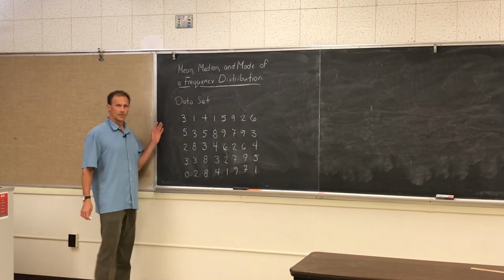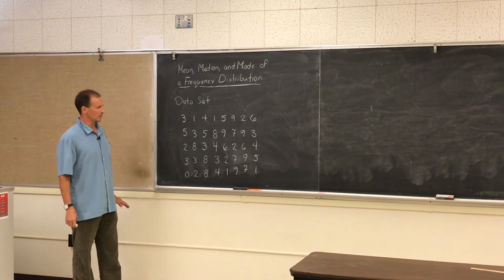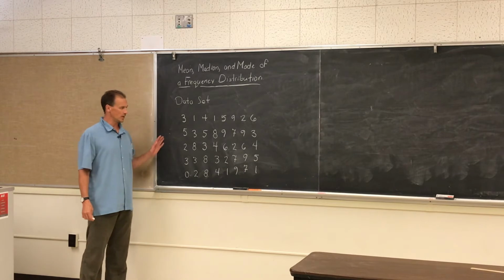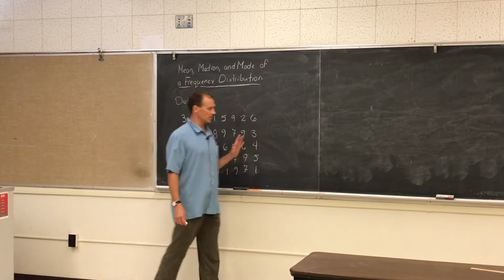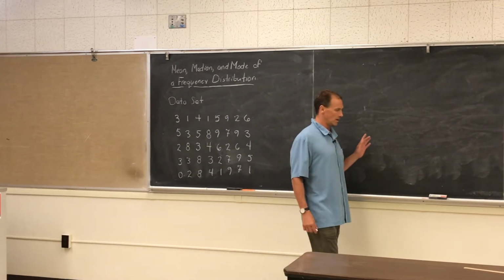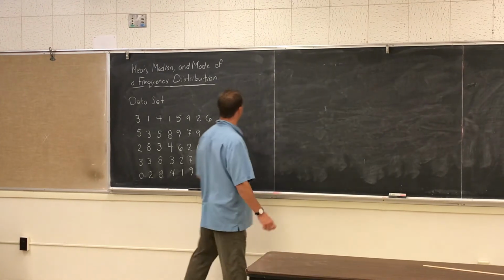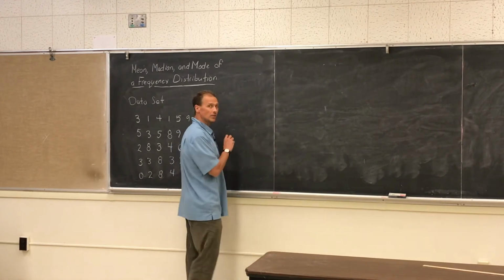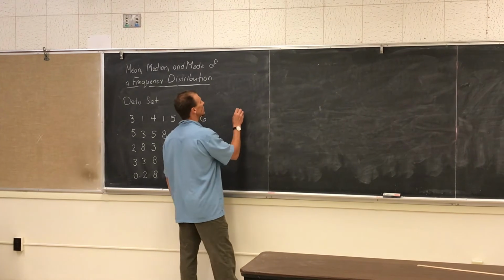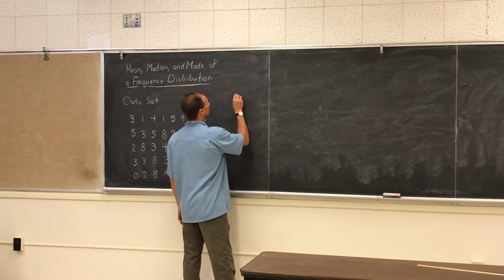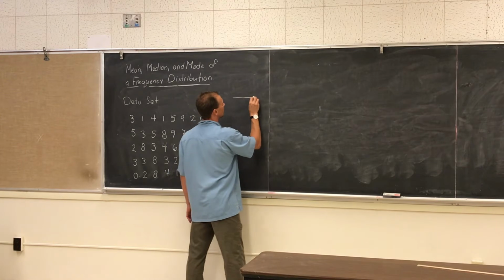Okay, so this is our data set that we had in another video, but I want to use it again. And I'm going to go through this process a little bit more quickly this time. We're going to make a dot plot from this, and the histogram, and we're going to use both of these. So I'll make my dot plot here. I'm going to use smaller dots.